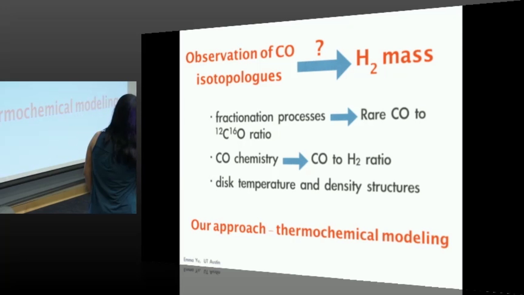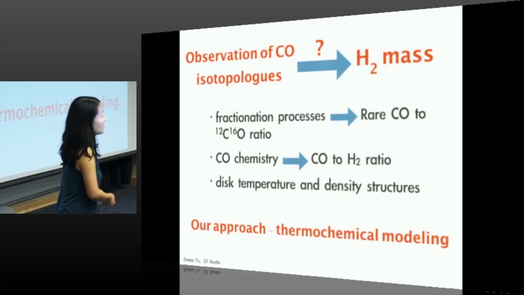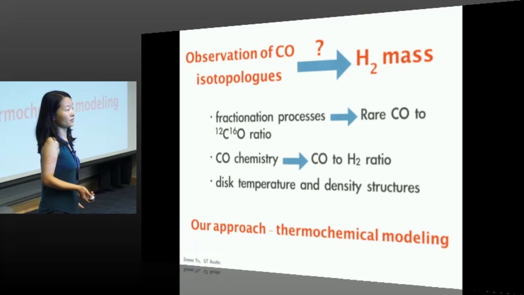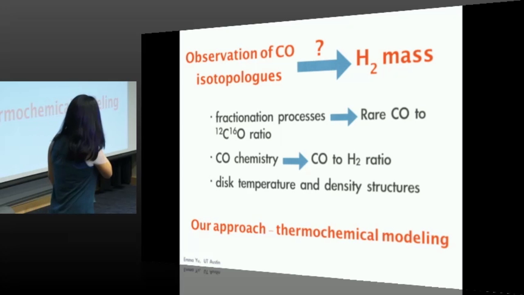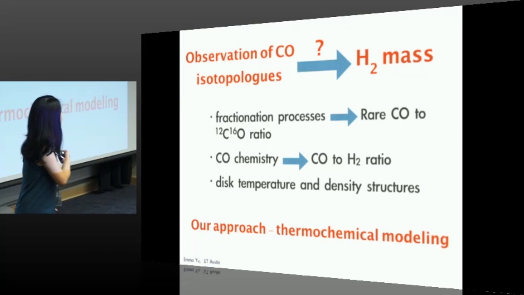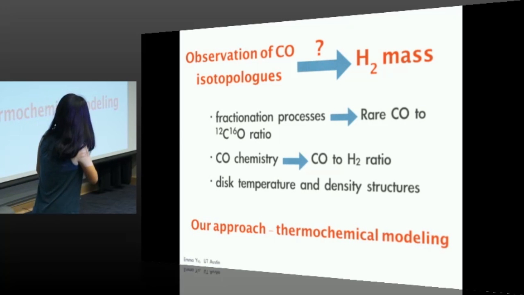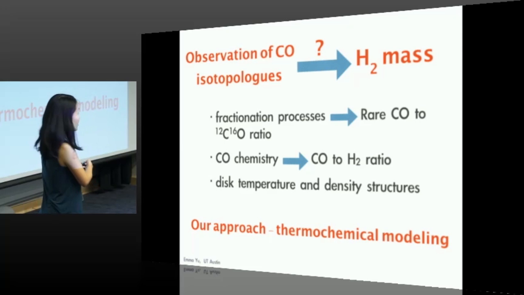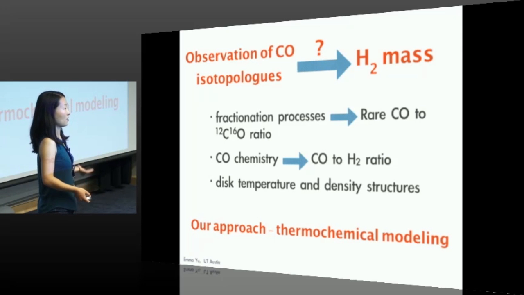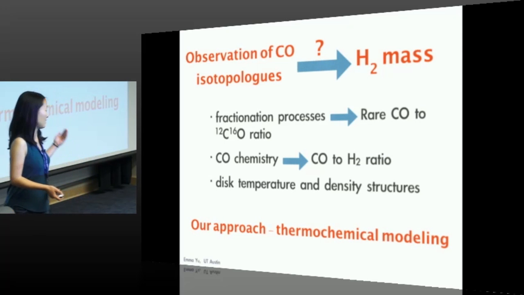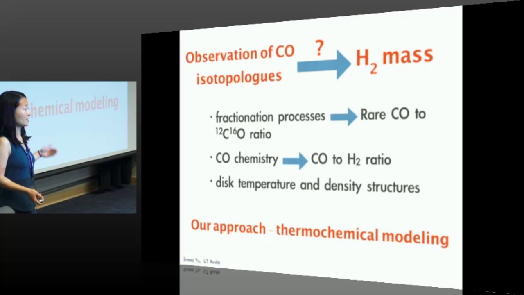So first of all, there are different fractionation processes that could change the real CO to CO isotopologue ratio. And CO chemistry can also deviate the CO to H2 ratio away from the molecular cloud value. So temperature and density structures determine the chemical processes, and they also decide the excitation processes that eventually lead to the emission lines.